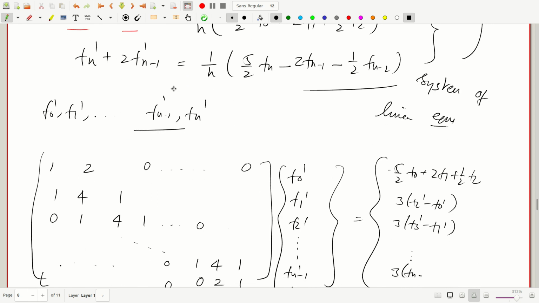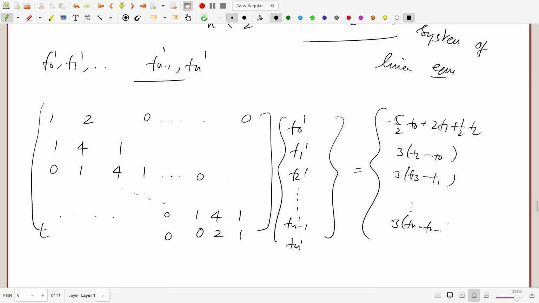The last one would be 5 by 2 fn minus 2 fn minus 1 minus 1 by 2 fn minus 2.